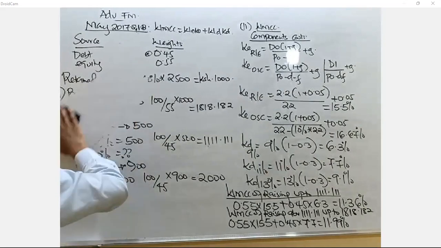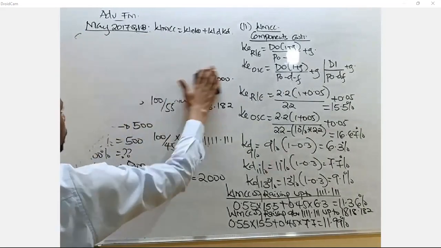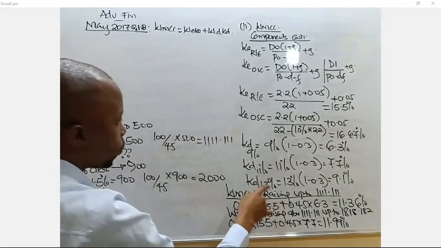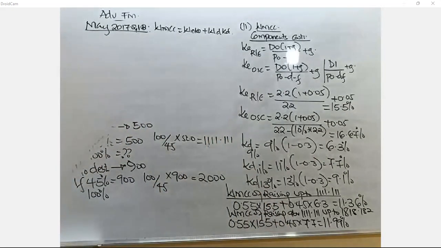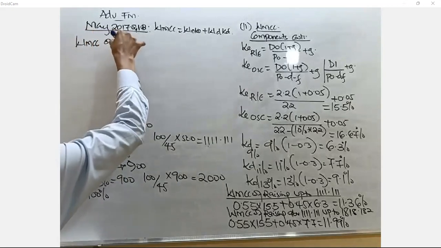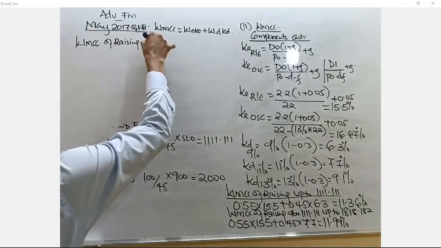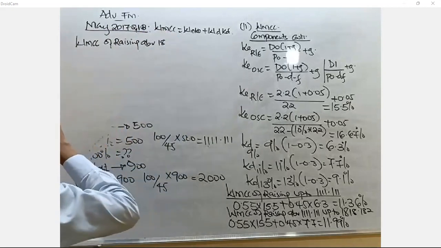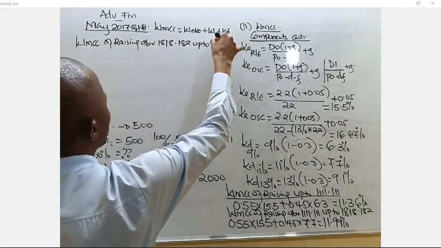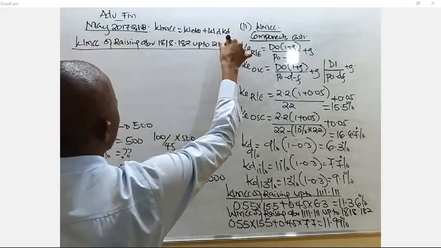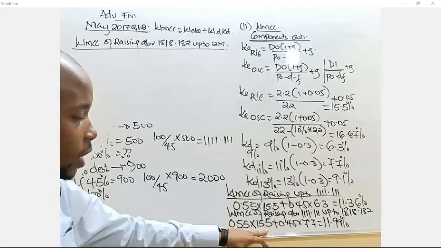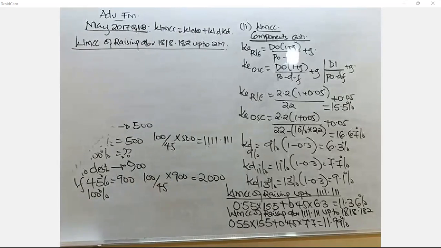Now, what will be the next breakpoint? The next breakpoint will be 2 million. Above 1.8, which I've just written here, up to 2 million. Can you get the WMCC for that? The WMCC of raising above 18.182 up to 2 million. Above it means our retained earnings cannot raise more than 1.82, so we are going to look at the expensive source.